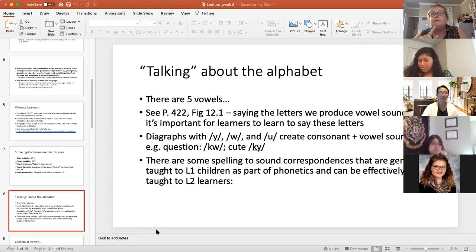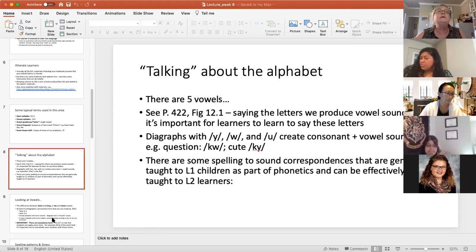And there are also some spelling to sound correspondences that are generally taught to L1 children as part of phonetics and can be helpful for L2. So these ones are the ones on page 425.